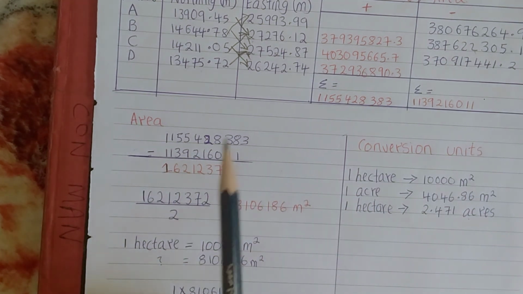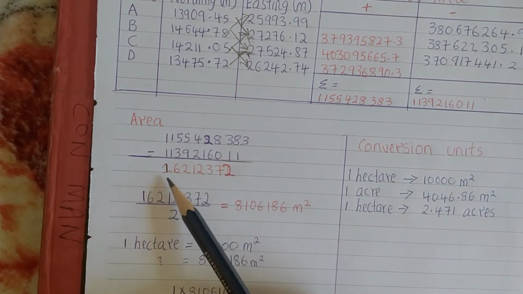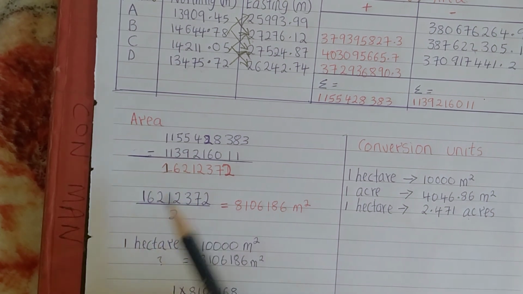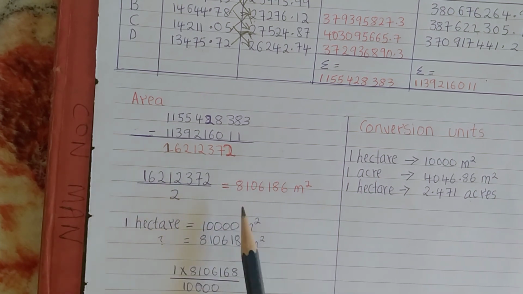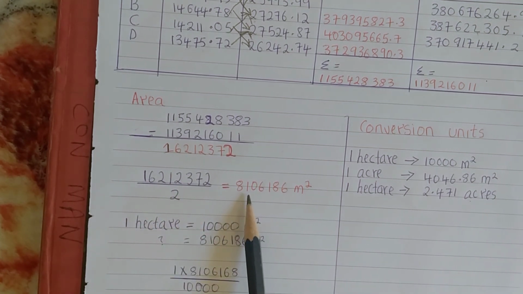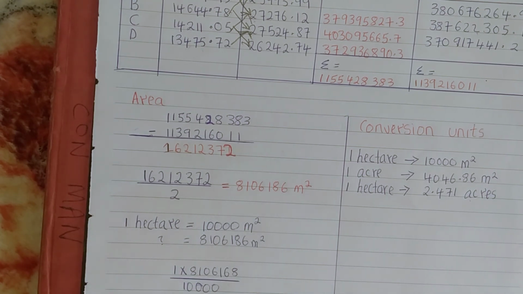So when you subtract that, you will get 16,212,372. And then what you have to do is to divide it by 2. So I've divided the value by 2 and got my area as 8,106,186 meters squared. But remember that they told us that we need to calculate the area in hectares.